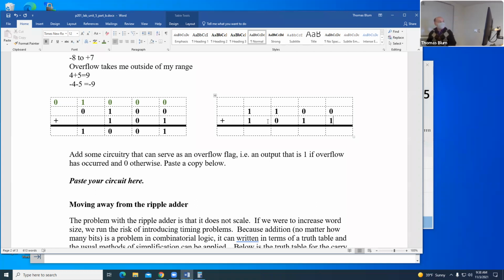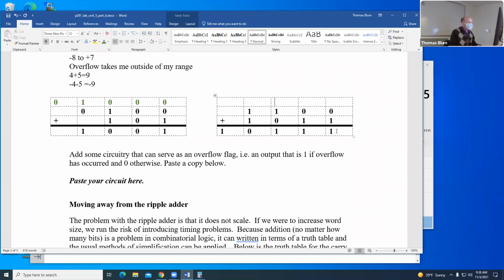We know they're negatives because they start with 1s, and that's our signal that a number is negative. It's only 4 bits, and so that first bit is a 1. Those are negative numbers.